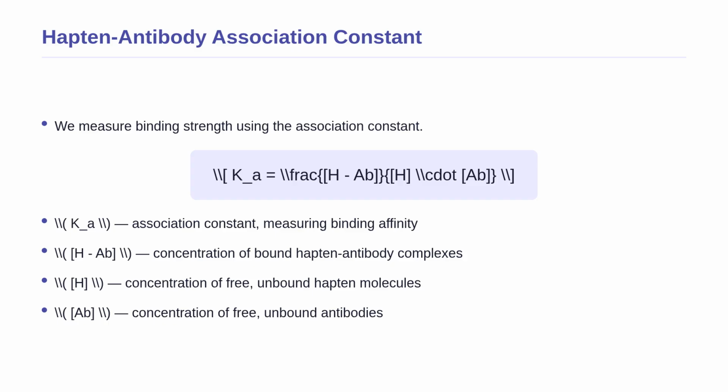The denominator is the product of the free hapten concentration and the free antibody concentration. In plain English, if the hapten and antibody love to stick together, the concentration of the bound complex increases. When the numerator increases, the overall value of Ka increases. Therefore, a higher Ka physically means a much stronger binding affinity between the hapten and the antibody.